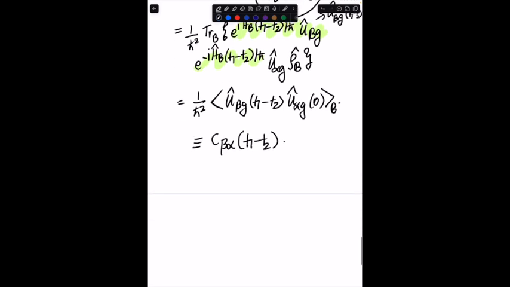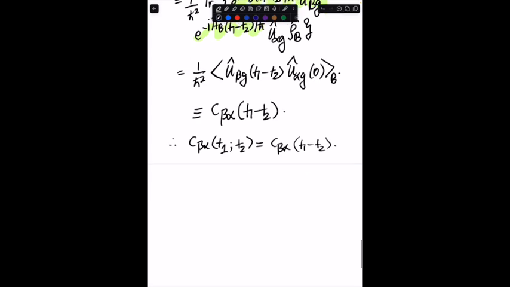So the proof is C beta alpha, or your energy gap correlation function. Actually, this holds for any 2-point equilibrium correlation functions, but in our case, the energy gap correlation function is equal to C beta alpha (T1 minus T2). So this is our proof number one, and it's quite important.